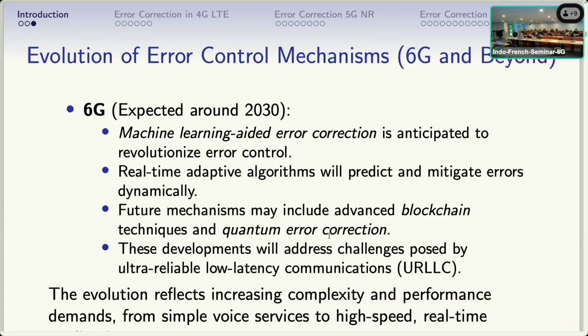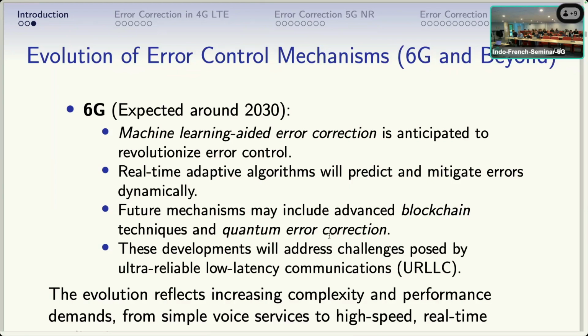Then there would be adaptive algorithms to mitigate errors and adaptive algorithms for channel estimation. They also feel that blockchain concepts as well as quantum error correction would come in, but I have completely skipped the quantum error correction part because my understanding of it is very minimal.